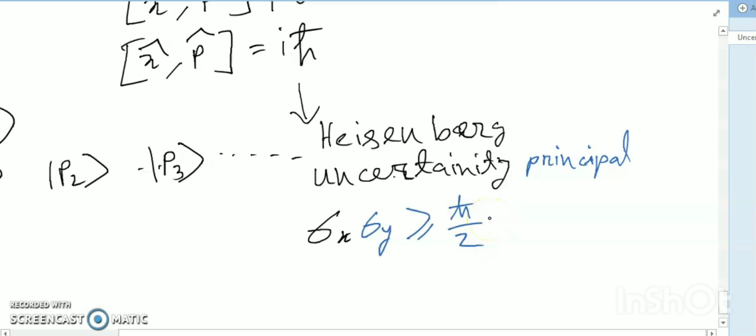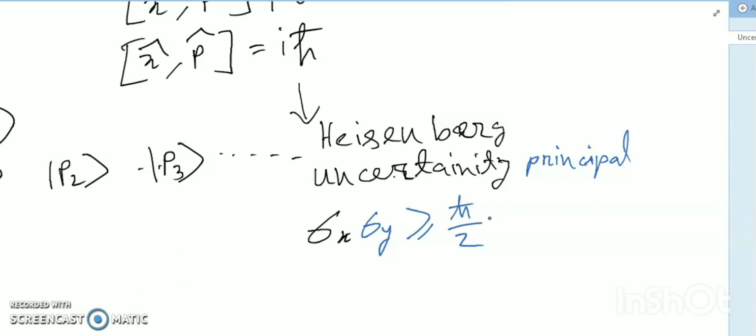The standard deviation of the possible positions times the standard deviation of the possible momenta must always be greater than or equal to h bar divided by 2. There does not exist a quantum state with a definite value of both position and momentum. Therefore, we can never have a certain measurement of both at the same time.